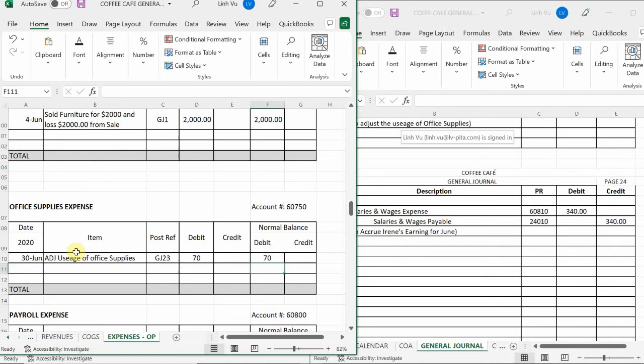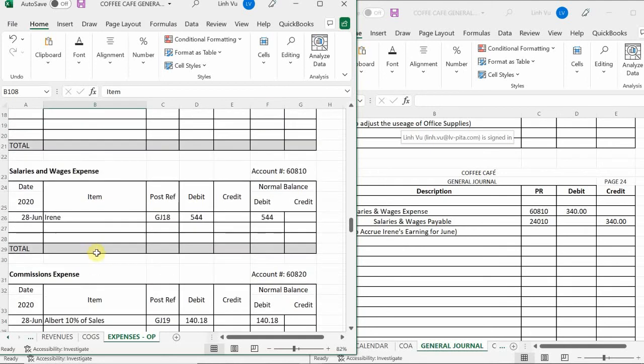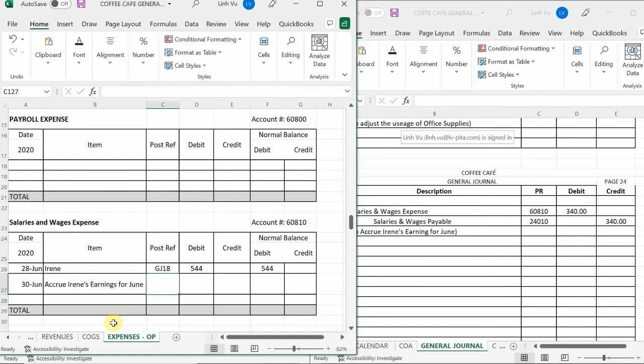Here I'm already on salaries and wages expense. So here it is. And you can also write here, accrue Irene's earnings for June.